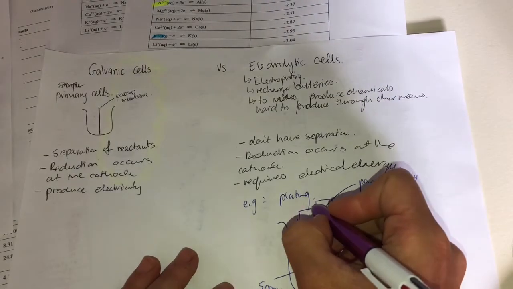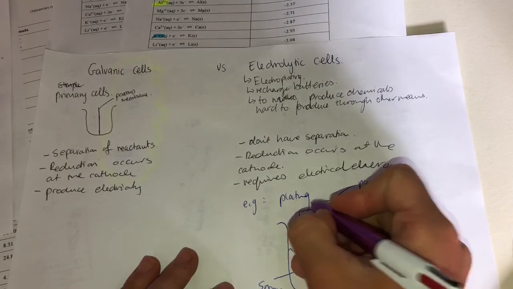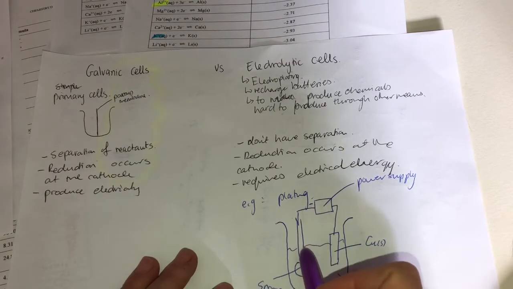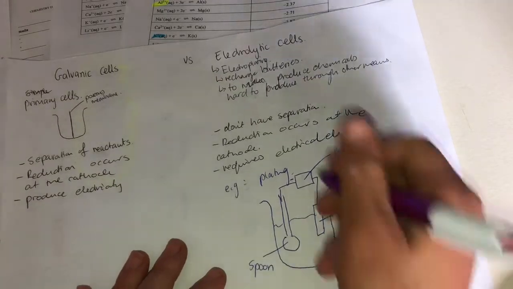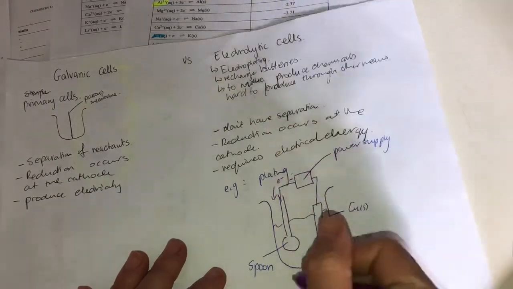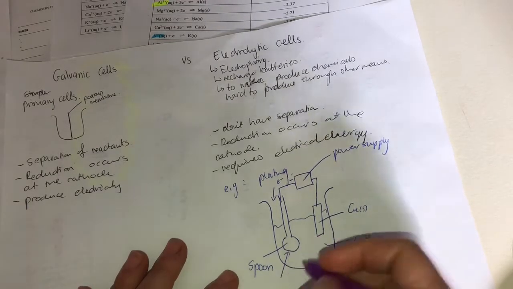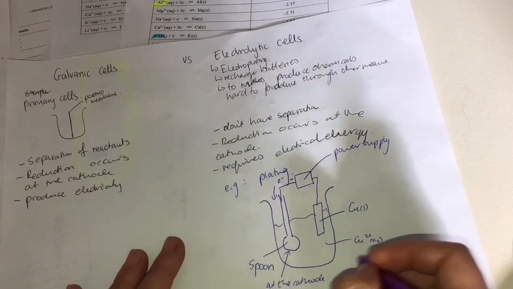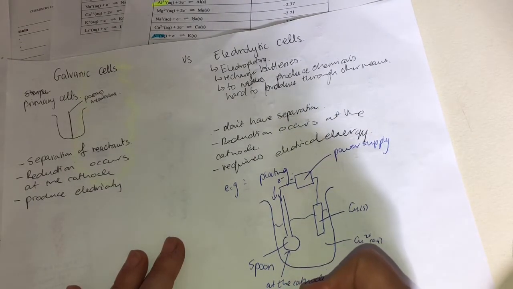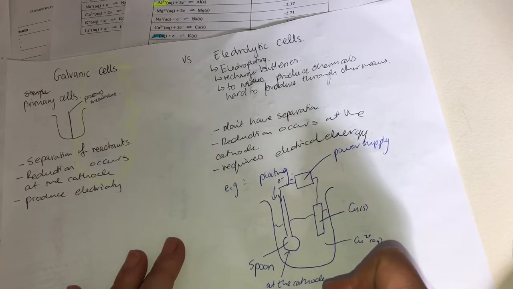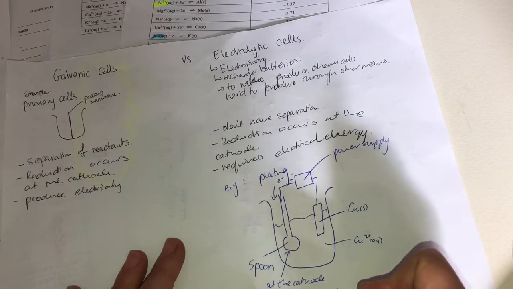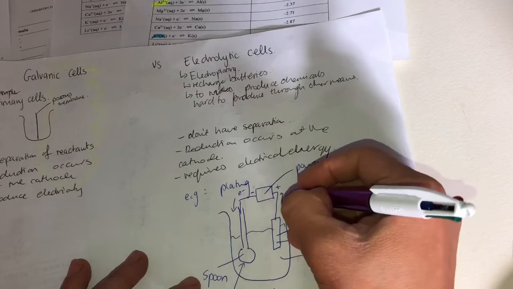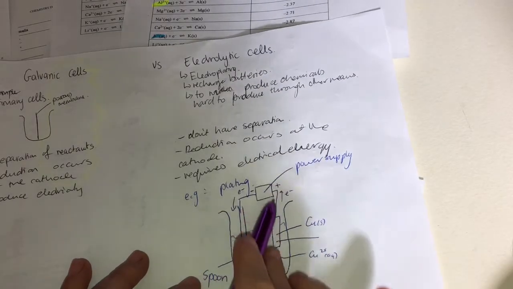So we attach the negative terminal of the power supply to the object that we want to plate, so it's forcing electrons onto it. At this electrode, at the cathode, we will have copper 2 plus being reduced onto the spoon. Here we have electrons being dragged up.